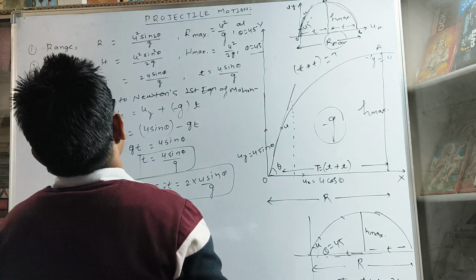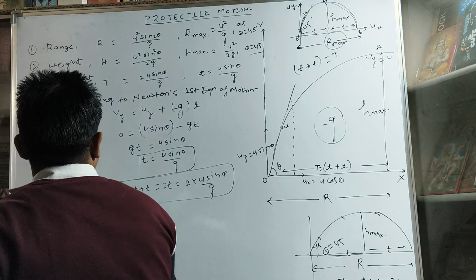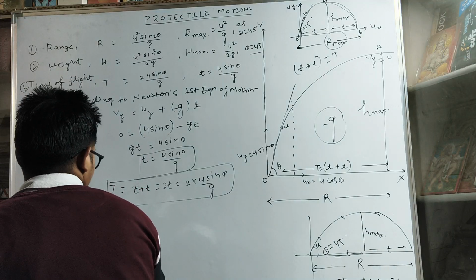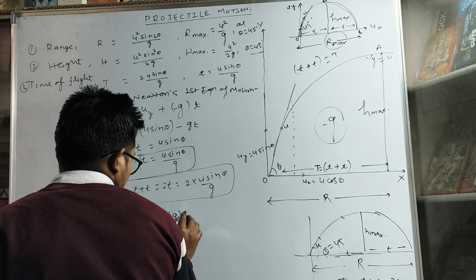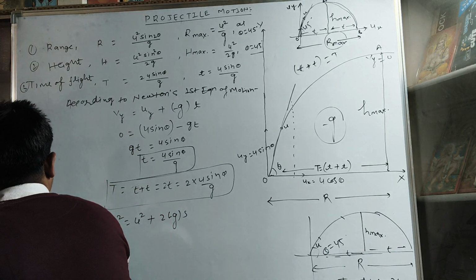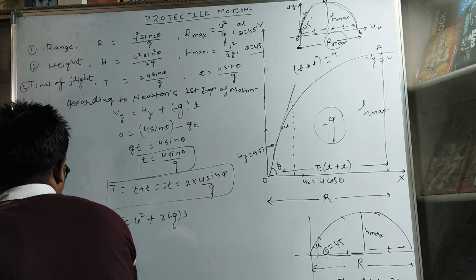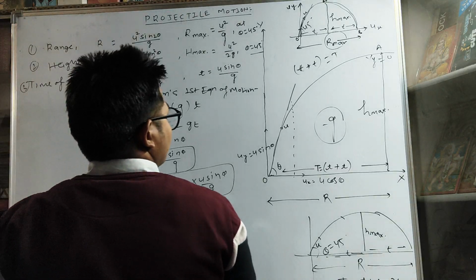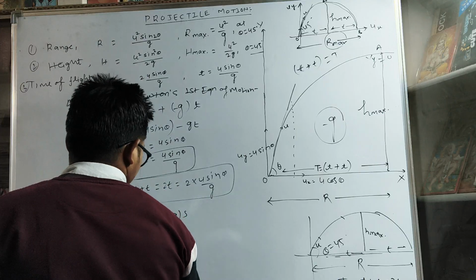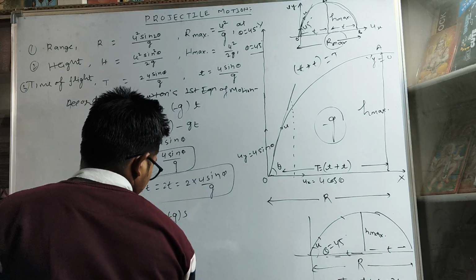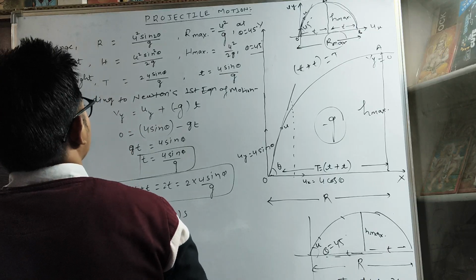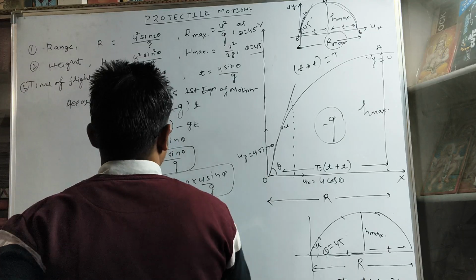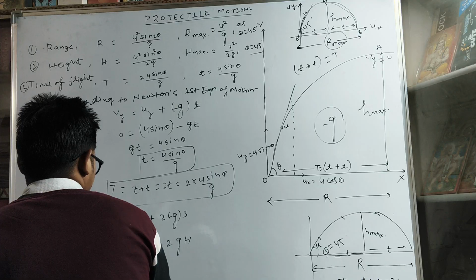To obtain the second equation, we simply apply v square equal to u square minus 2gs, the third equation of motion. In this case, minus 2g, and total displacement is defined by h. Here we use uy and vy.